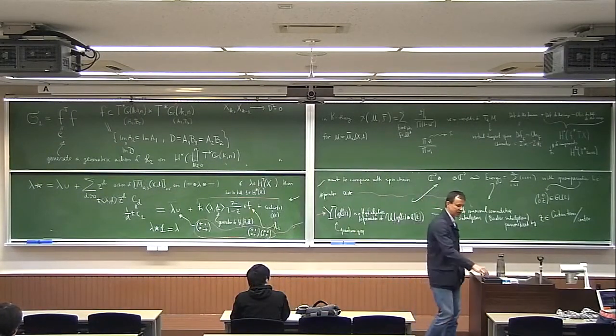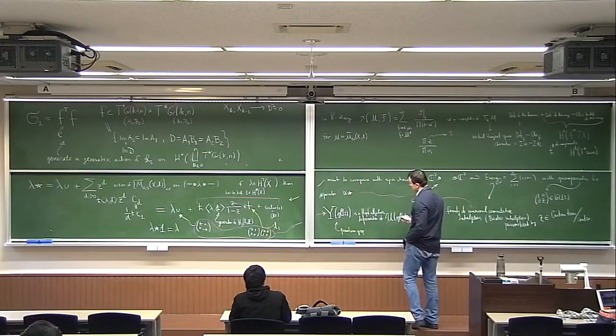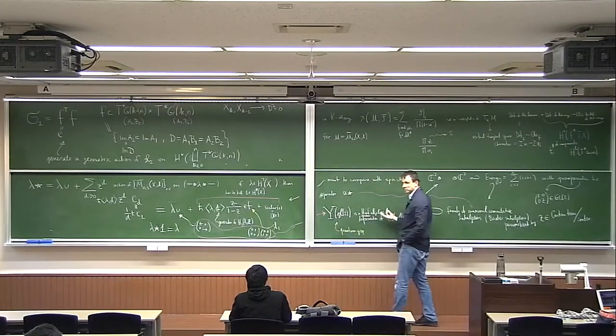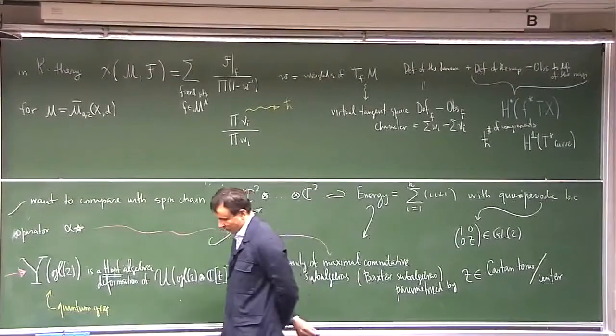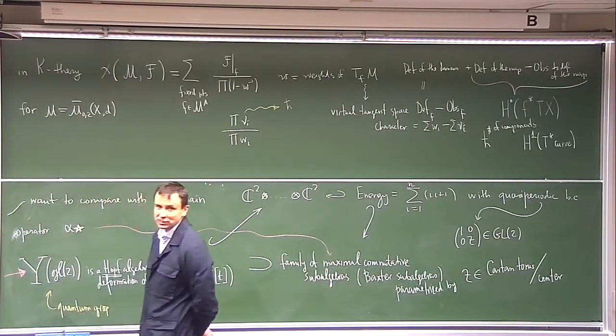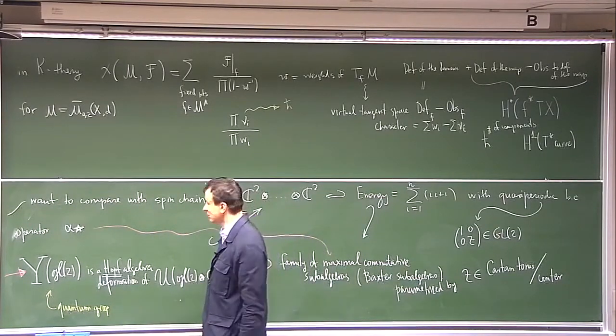And this more conceptual understanding has to do with the fact that the Yangian is a Hopf algebra. I didn't explain what a Hopf algebra is, but a Hopf algebra is different from a plain associative algebra in that you can tensor multiply its representations.